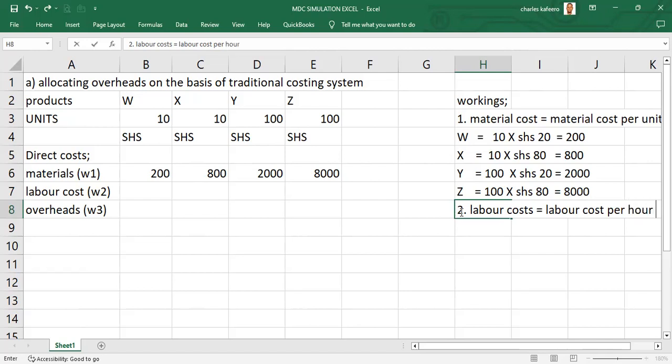Since they have given us the number of hours, it will be labor cost per hour multiplied by the number of hours used for each product.